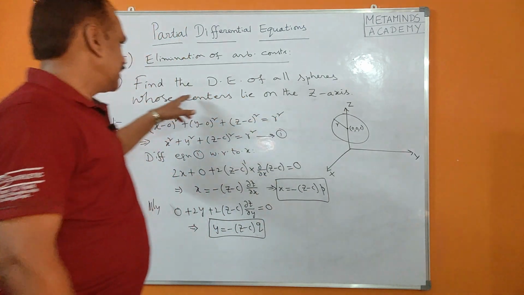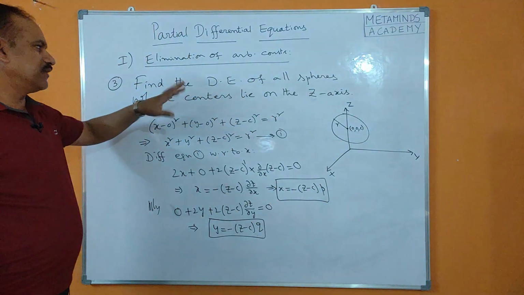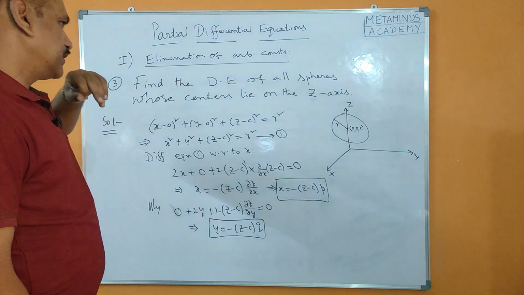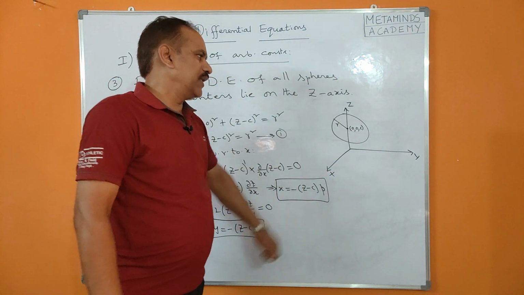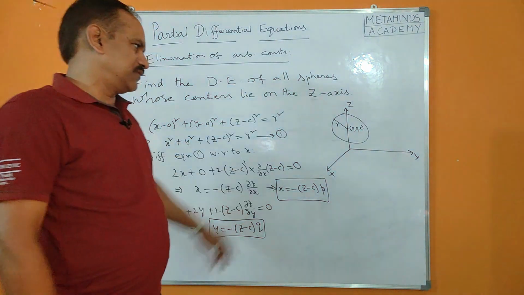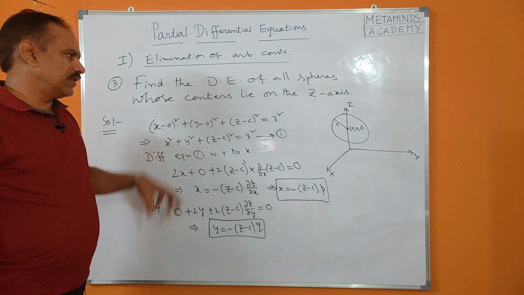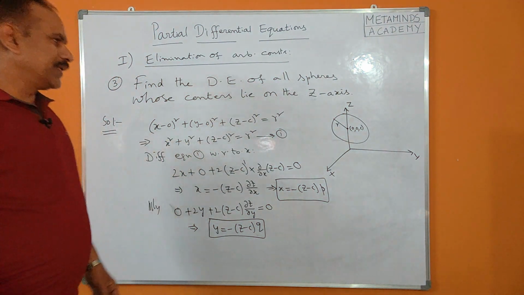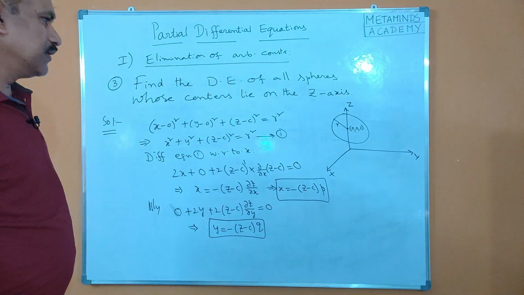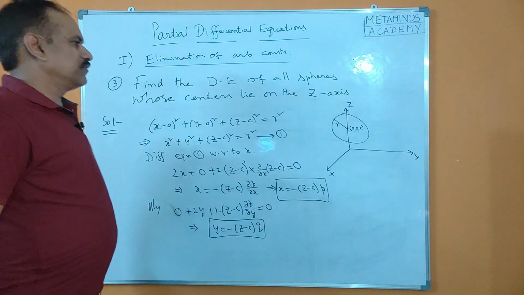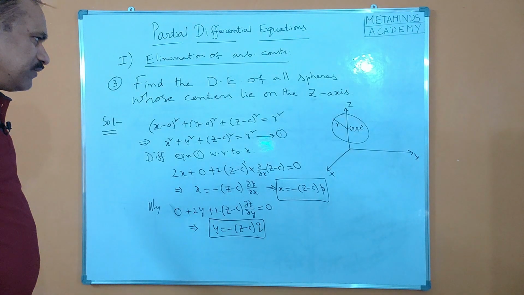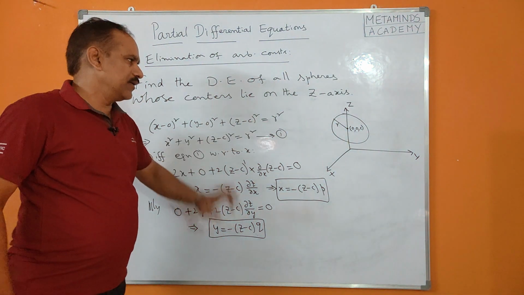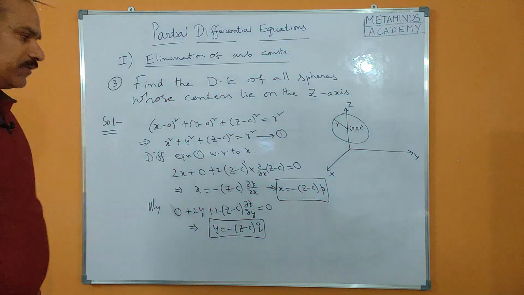And there is no restriction on the radius of the spheres, it is not a constant radius, so you can take any sphere of any radius. So r also changes. For each sphere, c and r are fixed, but if you take any random sphere, they change.